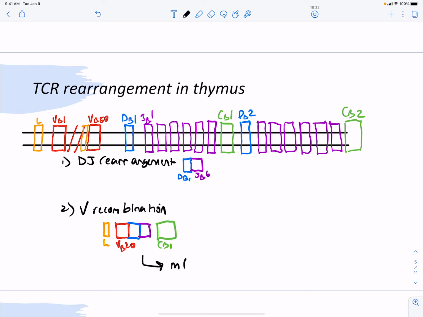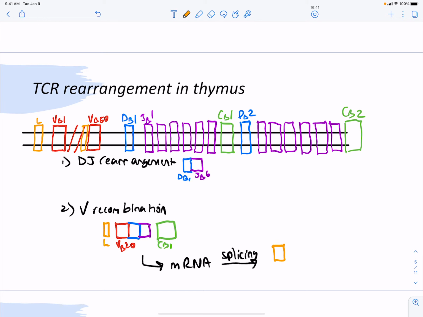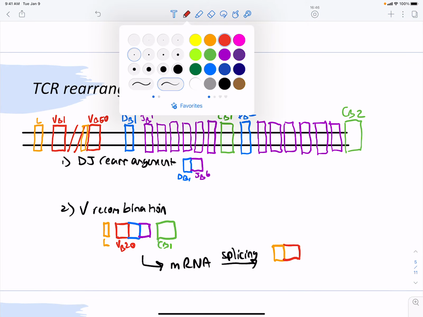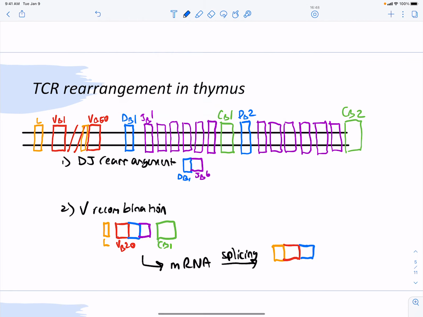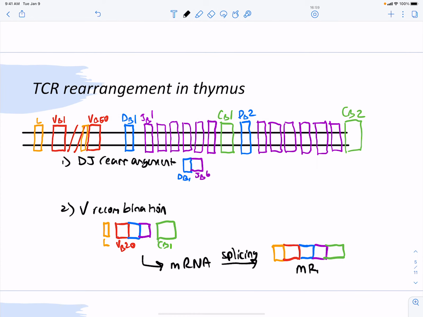So you get your messenger RNA, and then you have splicing events, and then you have everything come together. Etc. Same that happened in our B cell, nothing different. Okay, so now you have your message and you make your beta chain protein.